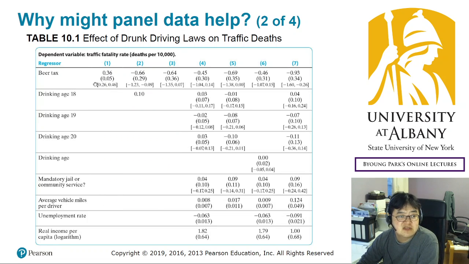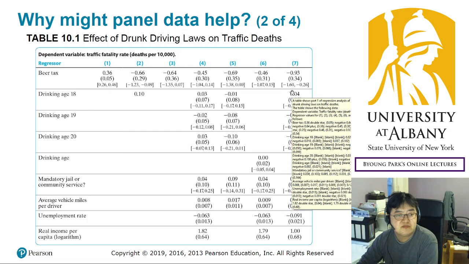The first confidence interval only has positive numbers, so it is surely positive, so significant. Another is surely negative, so significant. But this one starts from a negative number and ends at a positive number, so it can be negative or positive. It includes 0, so it's not significant.